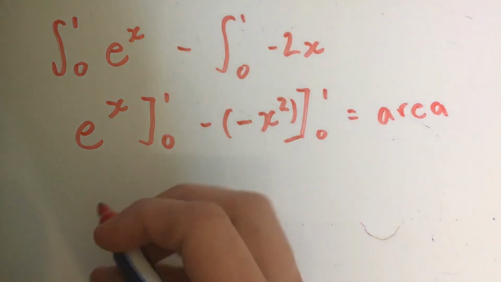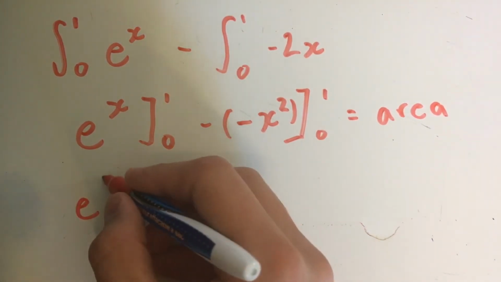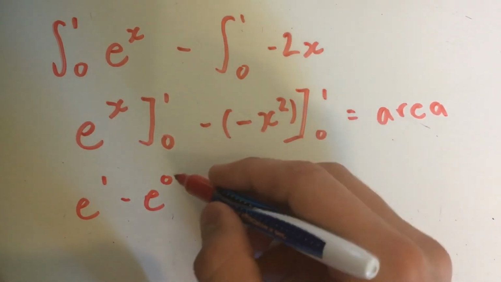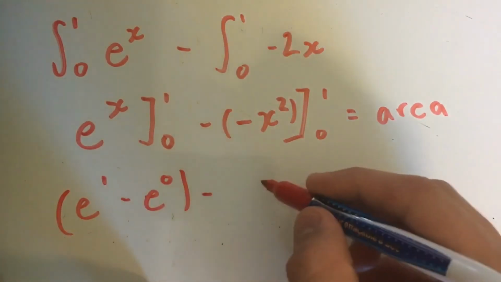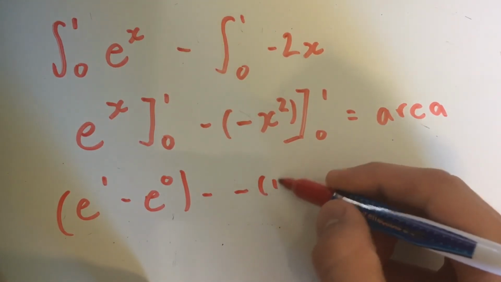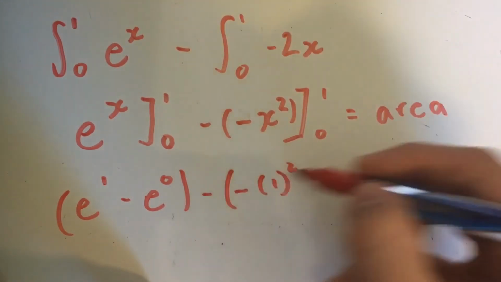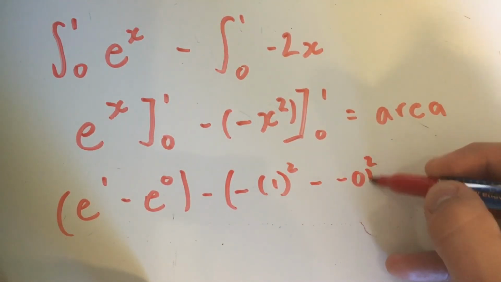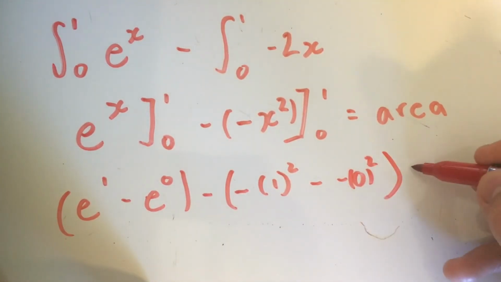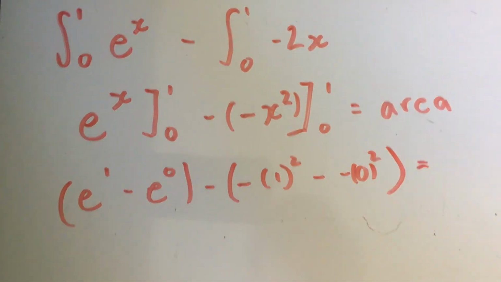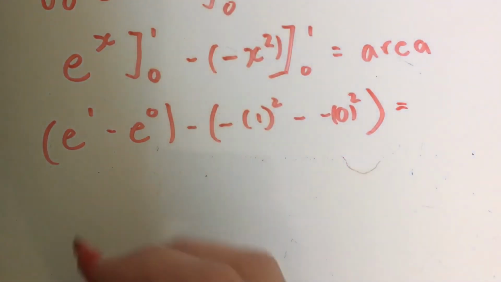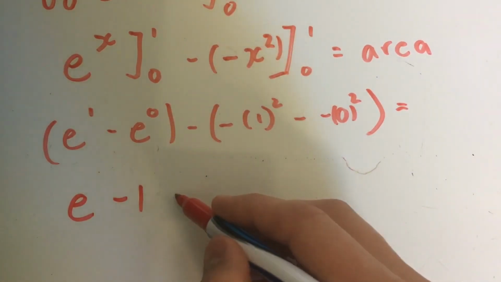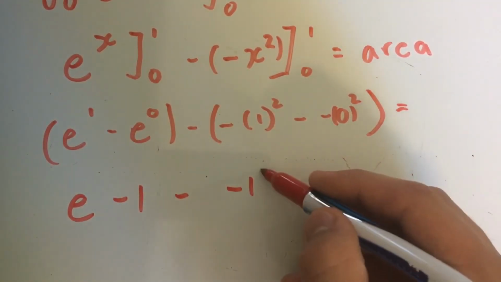Now, we plug in our values of 1 and 0. We get e to the 1 minus e to the 0. Subtract negative 1 squared minus negative 0 squared. And then that gets us e minus 1 minus negative 1.